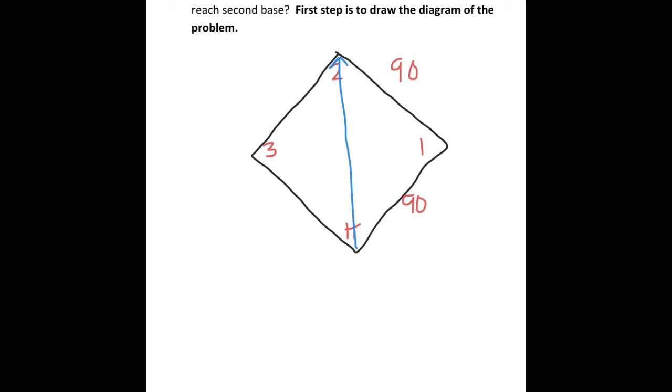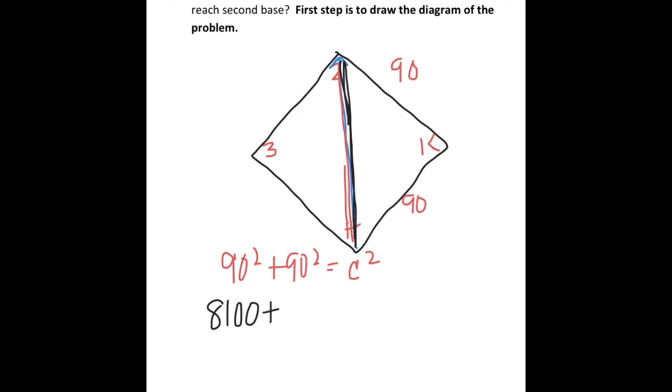So notice, since it forms a square, these are right angles. So I can say that 90 squared plus 90 squared equals the hypotenuse squared. This is the longest side right here, or the distance from home plate to second base would be the hypotenuse. So I have 8,100 plus 8,100 equals c squared. 16,200 equals c squared.